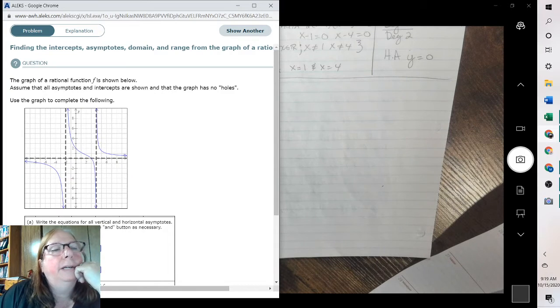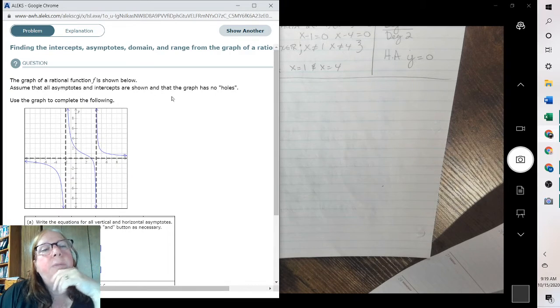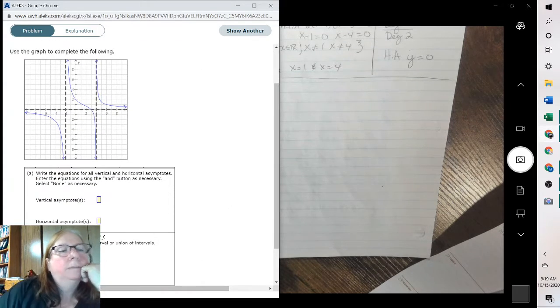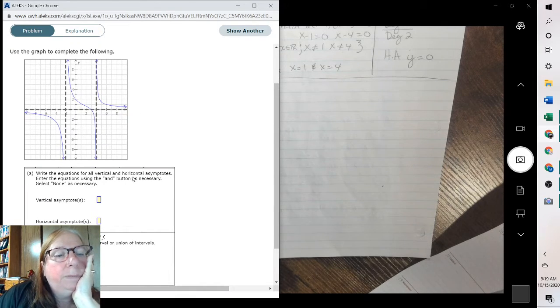Assume that all asymptotes and intercepts are shown and that no graph has holes. Write the equation for all the vertical and horizontal asymptotes. Enter the equations using the AND button as necessary.